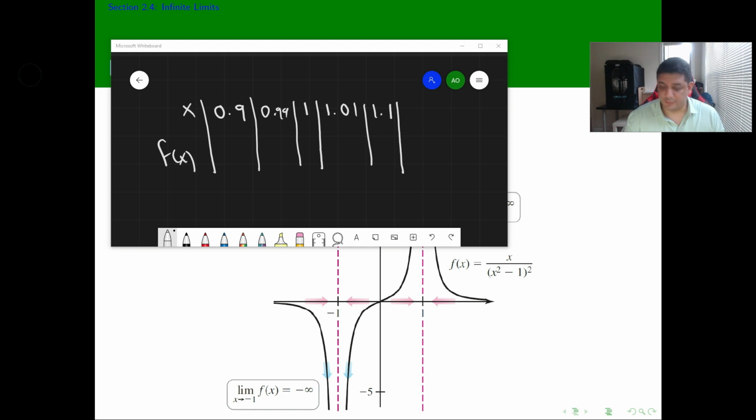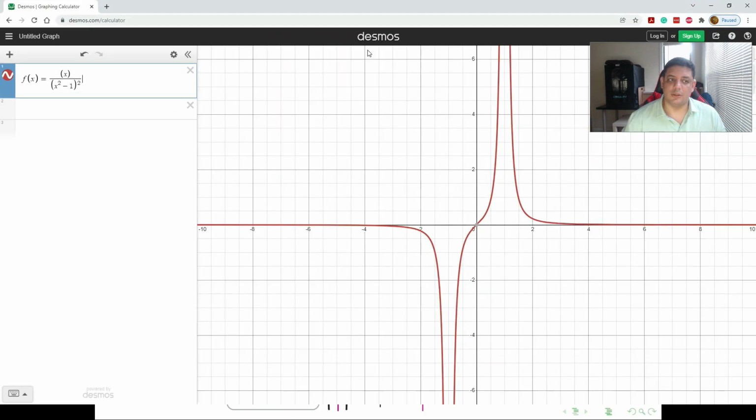First, I'm going to check the function f of x. Okay, let's use this calculator here.